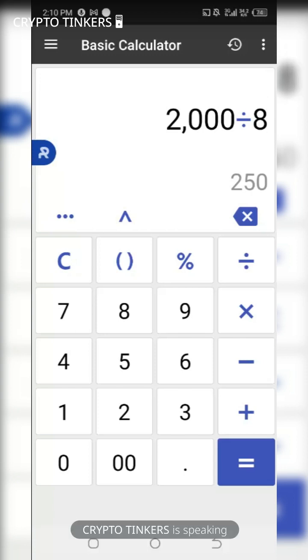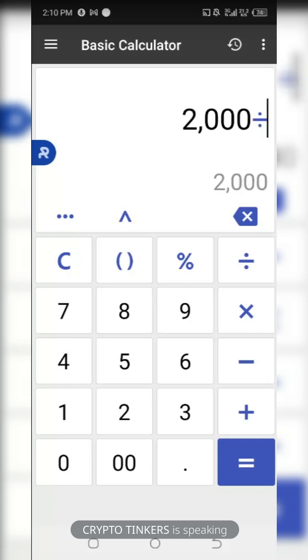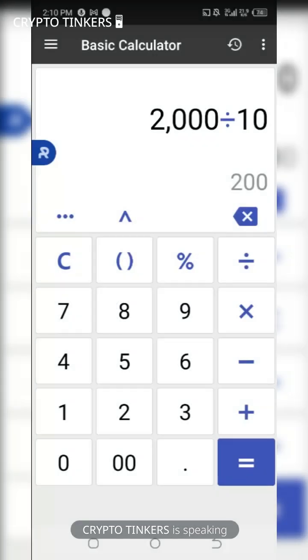Yes, you can also divide it by 8 so that you can trade 8. You can also divide it by 9 or 10. Good. So $2,000 divided by 10, you are diversifying your what? Portfolio, and you are trading according to the strategy.